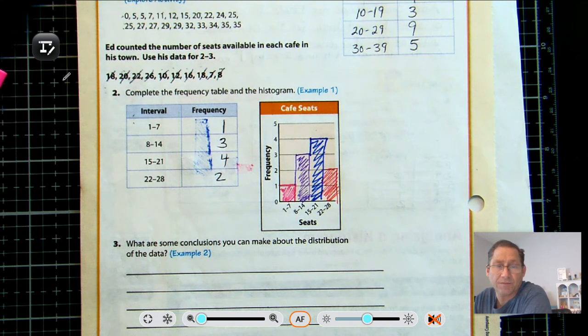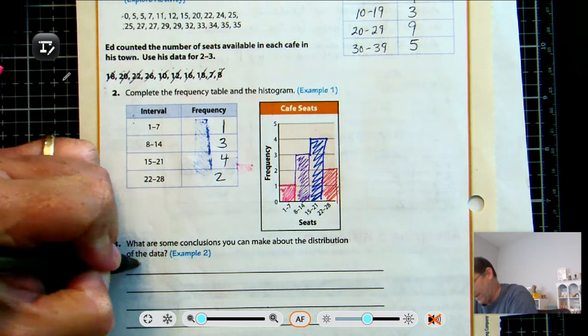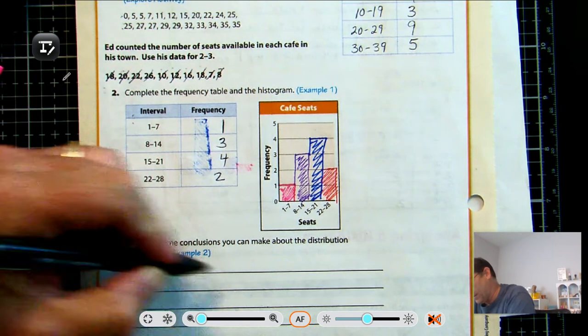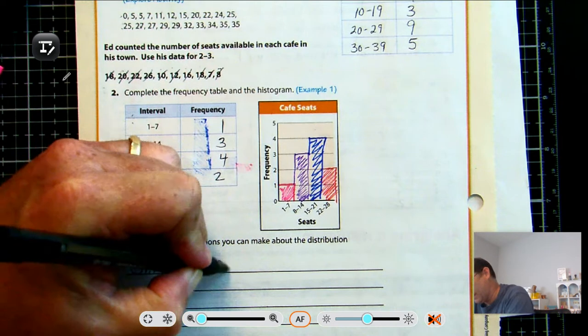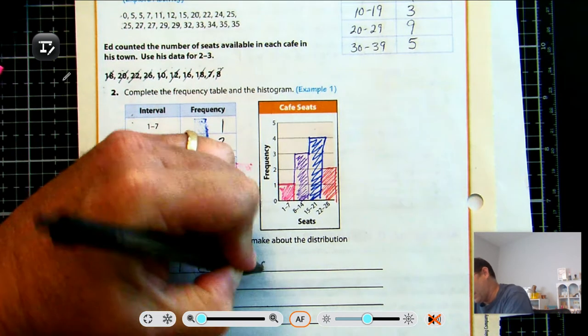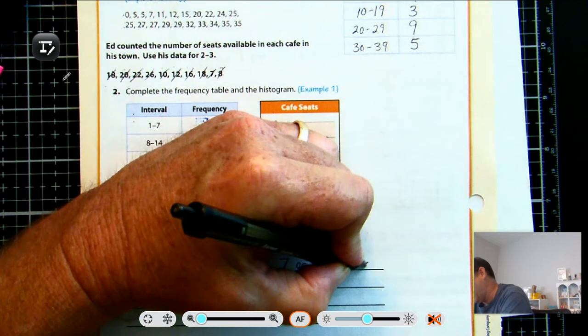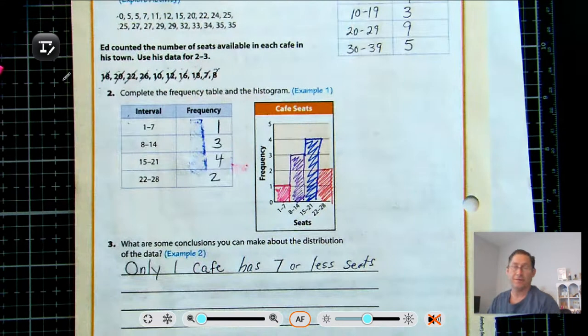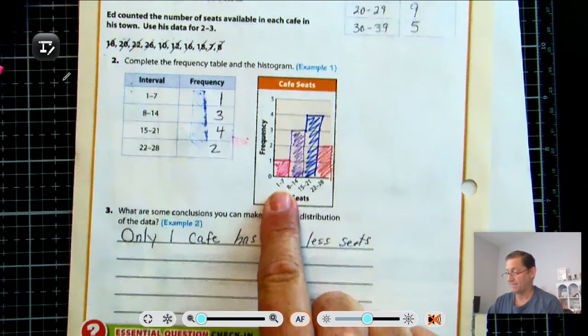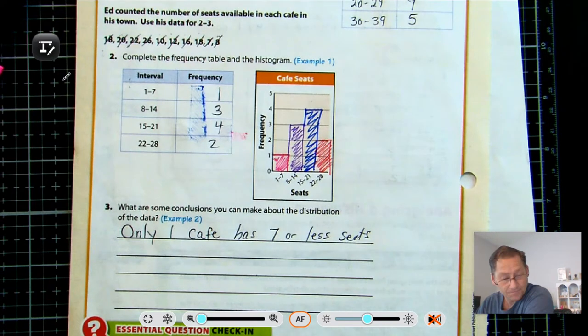Okay. So what are some conclusions you can make about the distribution of the data? Well, I see only one cafe has 7 or less seats, right? Only one cafe had 1 to 7 seats.